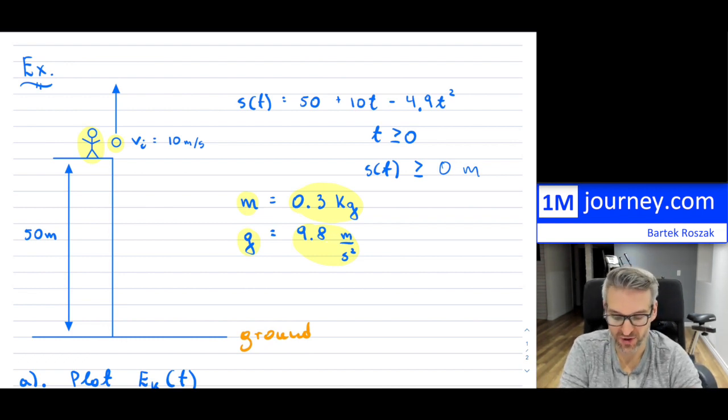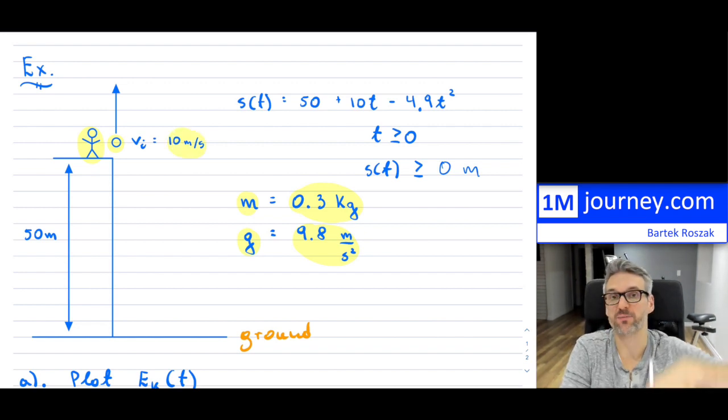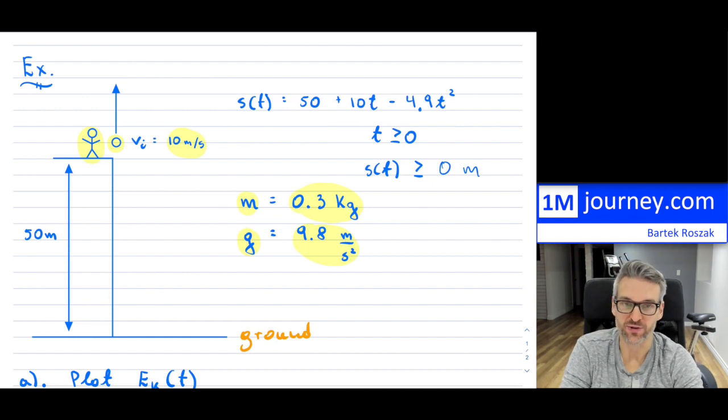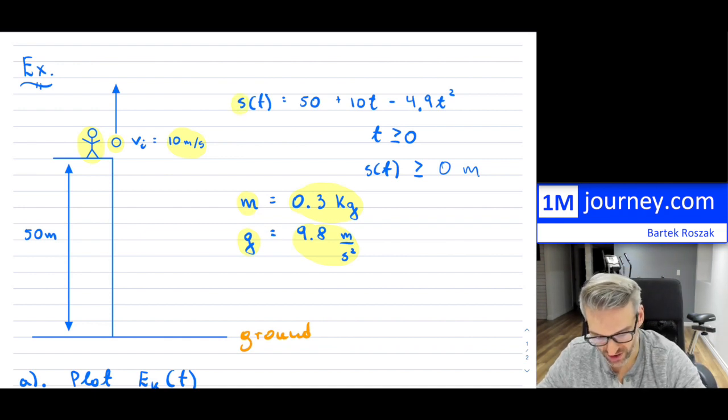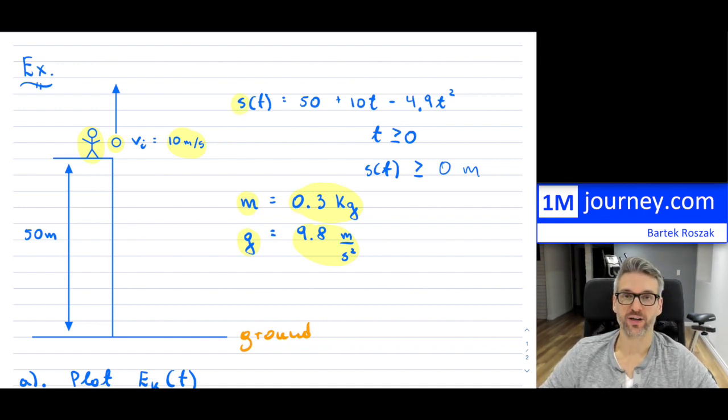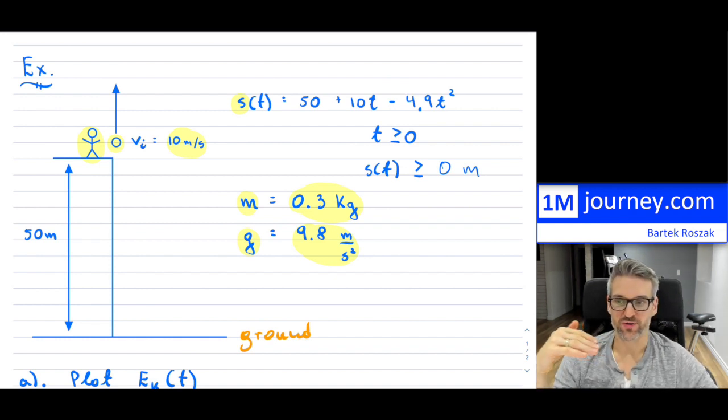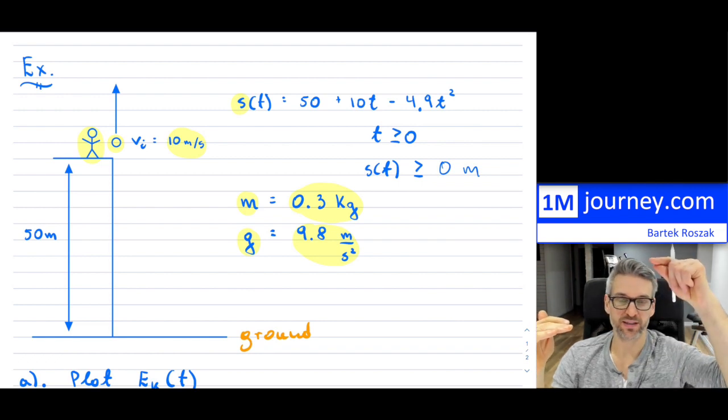And I'm throwing up this ball at an initial speed. Basically I'm throwing it upwards at 10 meters per second. And now the position, so notice I use S, or the displacement, is with respect to the ground. So I am 50 meters above the surface. I am throwing it up at 10 meters per second.